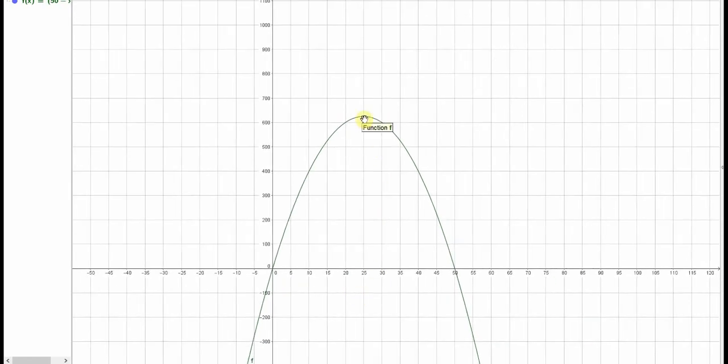Somewhere in the middle, the area values went from 0, 100, 200, 250, 300, all the way up to something above 600, and that's the maximum area. So they're saying the maximum area happens when the width is equal to 25.